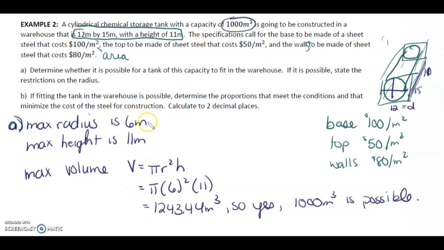For the max radius, the radius has to be between 0, but it can't equal 0, and 6, which it can equal. And the height has to be greater than 0, but not equal to 0, up to a height of 11. Because remember, if you have a zero radius or a zero height, then you don't actually have a cylinder.